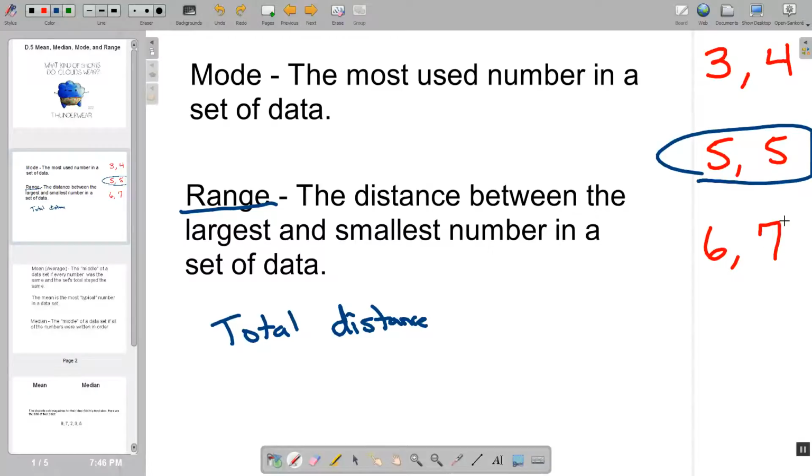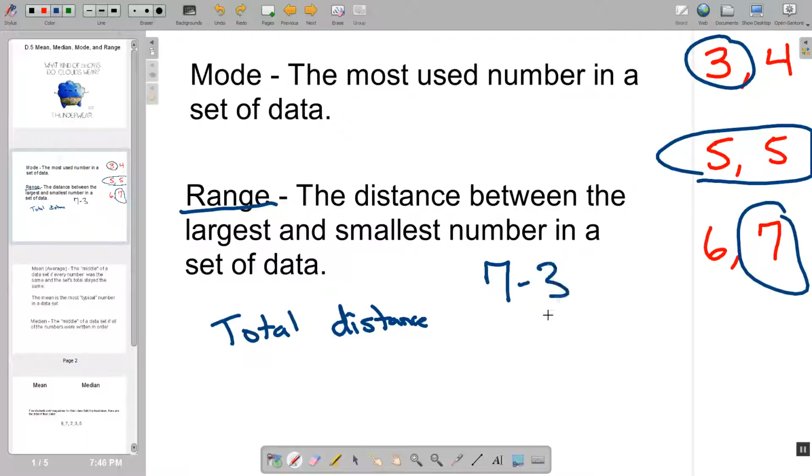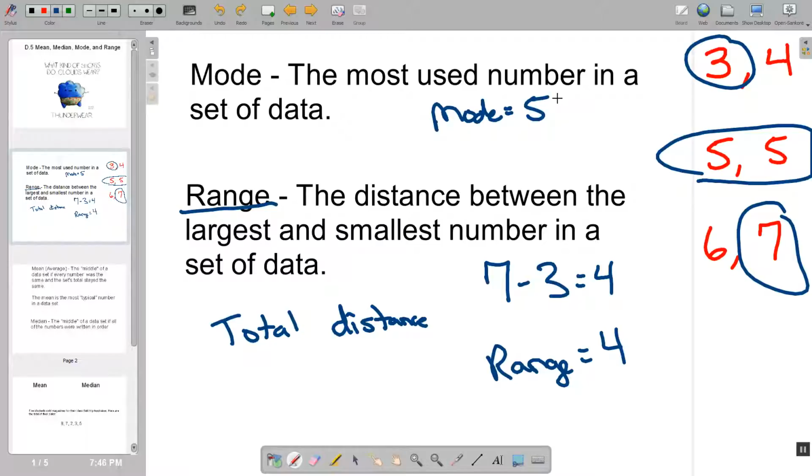So for this set, we would simply look at our biggest number, which is 7, our smallest number, which is 3, and we simply subtract them. 7 minus 3 is 4, so the range for this set of data is 4. And if I remember correctly, the mode for this set was 5. So we have mode and we have range.